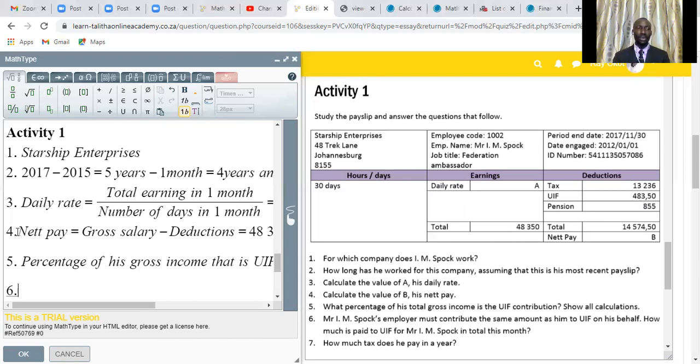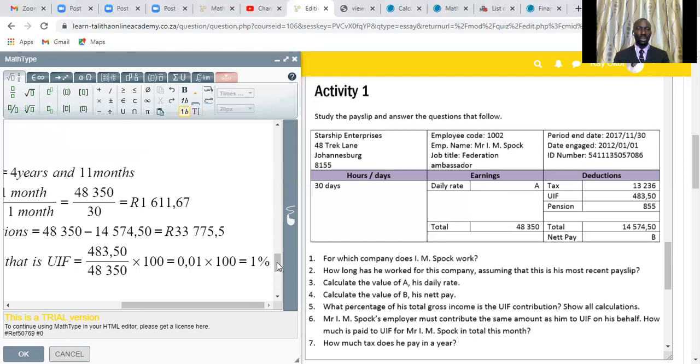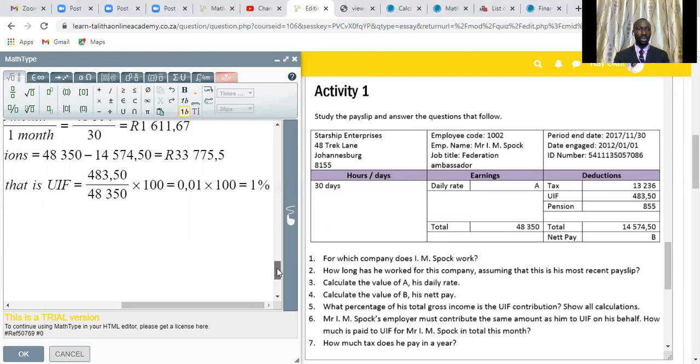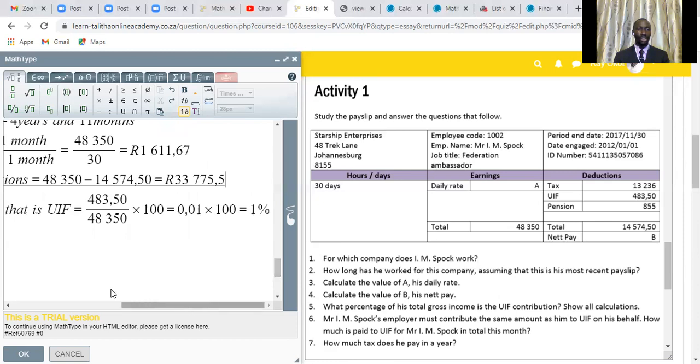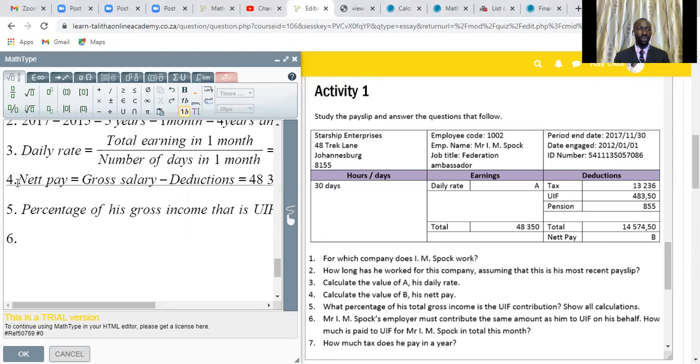And so how do you handle the calculation of a double? Well, to handle the calculation of a double, what we do is we look at the UIF, which is 483.50. Okay, so what we want to do is to get his total UIF contribution.